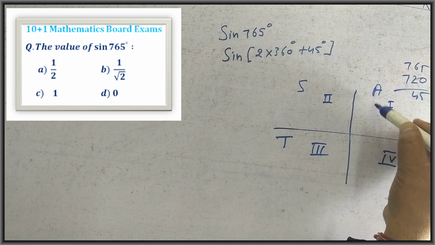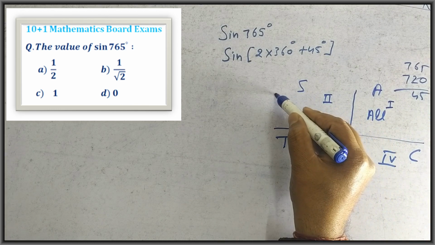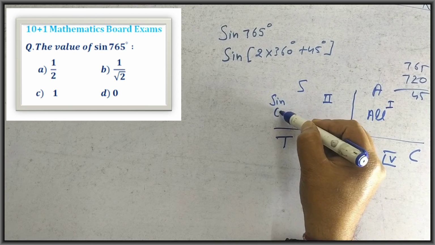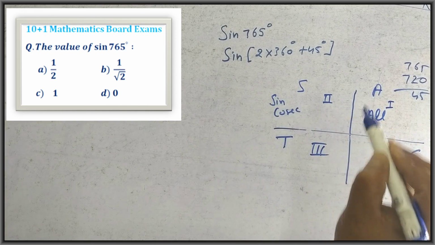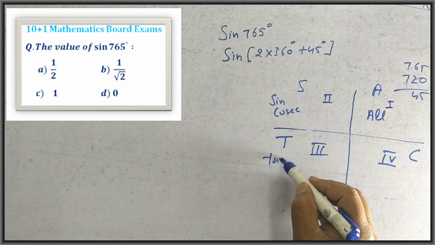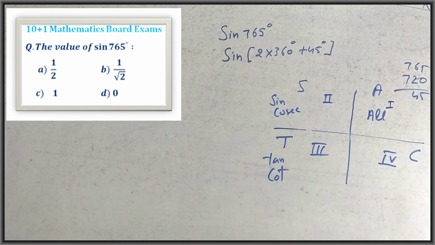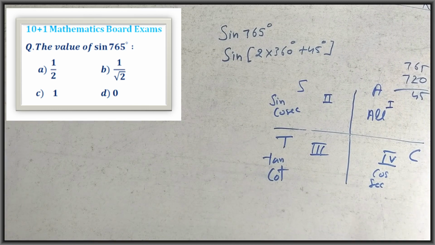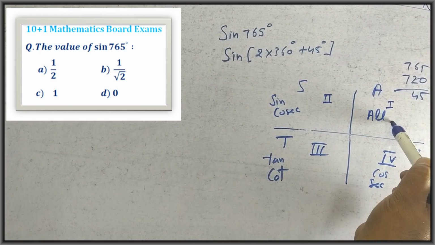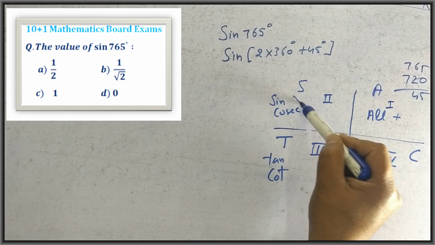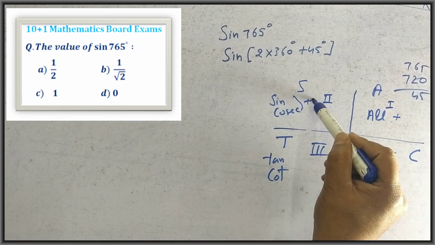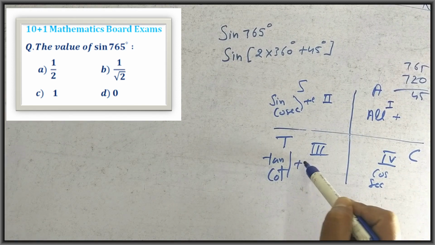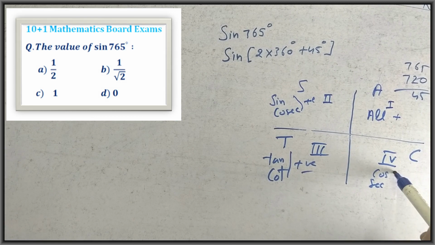Here A stands for all, S stands for sine, cosecant, T stands for tan, cot, and here C stands for cos, secant. Just try to understand, here all are positive, here these two things are positive, rest are negative. Here these are positive, rest are negative. Here these are positive and rest are negative.